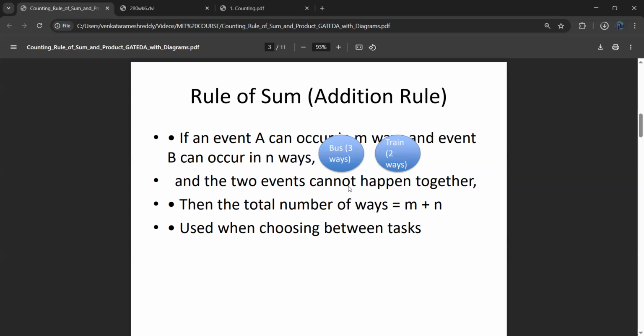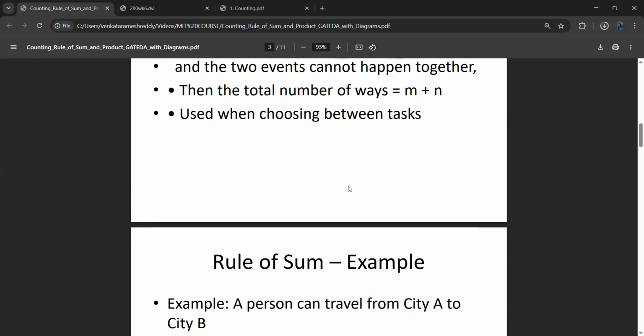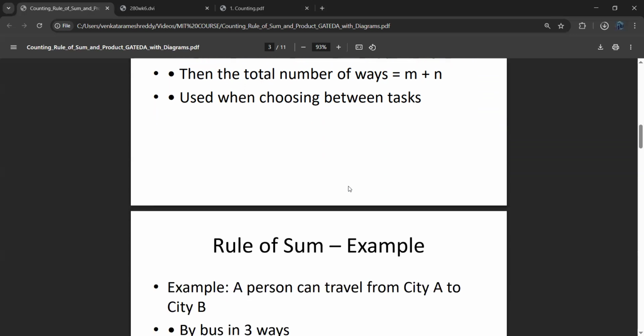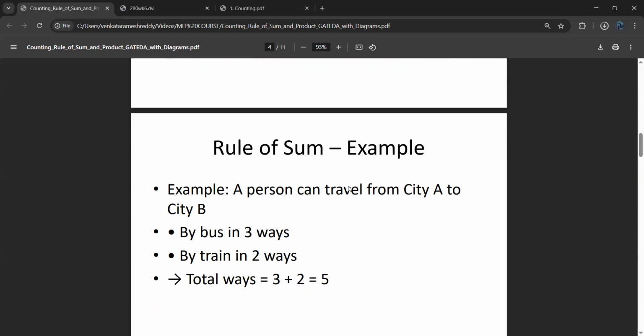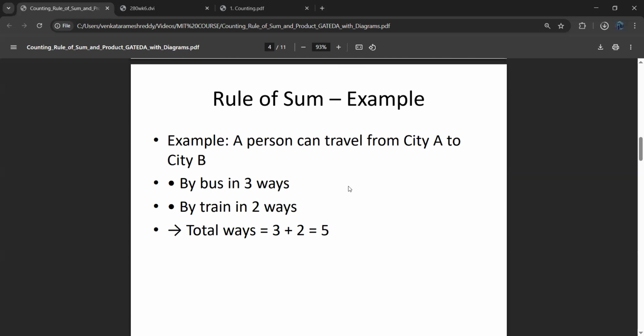So we'll see some examples related to rule of sum. Then only you will come to know how it is happening. So see the first example. A person can travel from city A to city B. Let us consider one city named Hyderabad, and another city is Vijayawada.